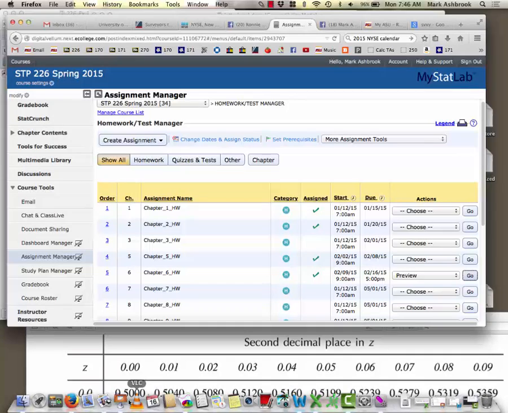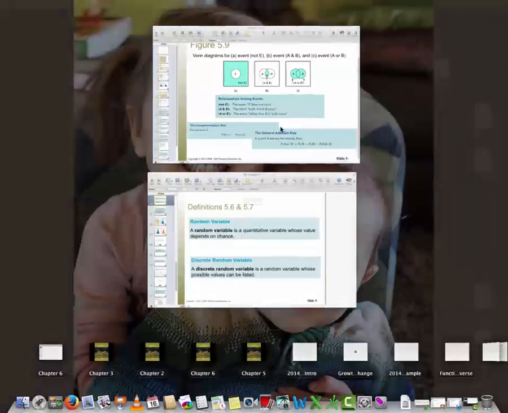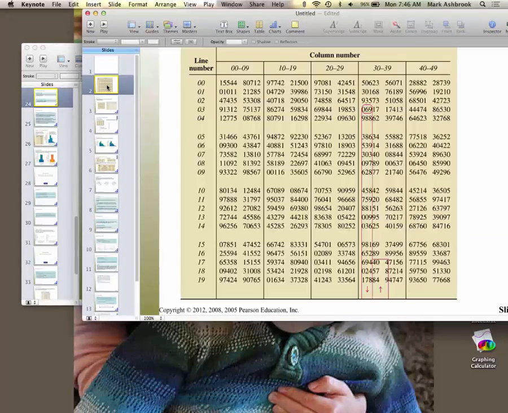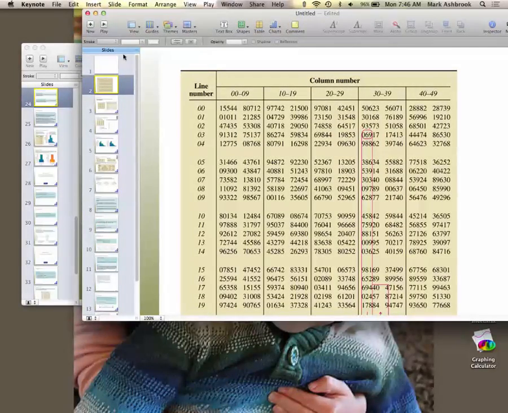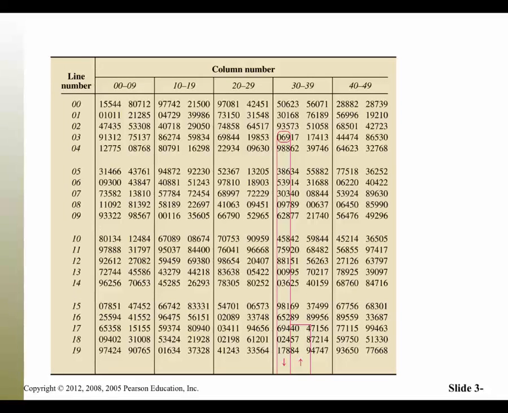So let's go back to the beginning. The first thing I want to talk about is the random number generator, which is used to make a random list. Let's say there are 34 of us in here, and we're going to have a lottery.